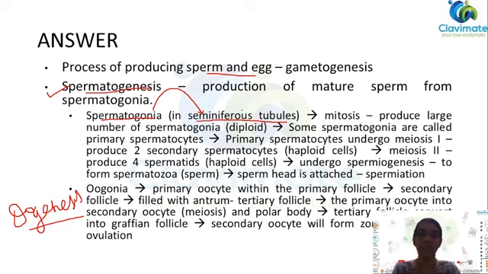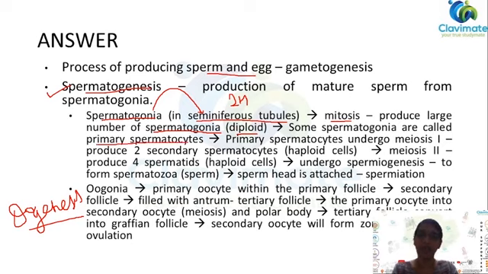So we have spermatogonia, which undergo mitosis and produce a large number of spermatogonia. Spermatogonia are diploid, that is 2n, which means 46 chromosomes are present. A few cells of spermatogonia become primary spermatocytes.